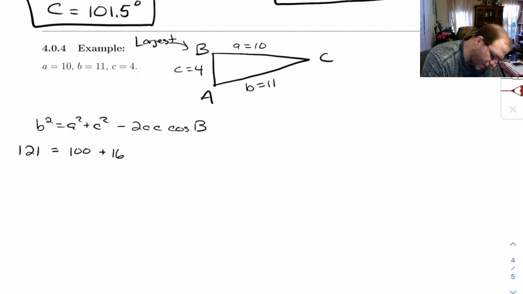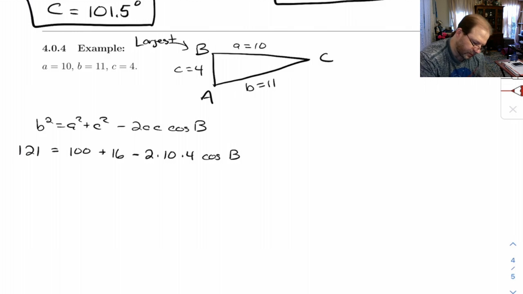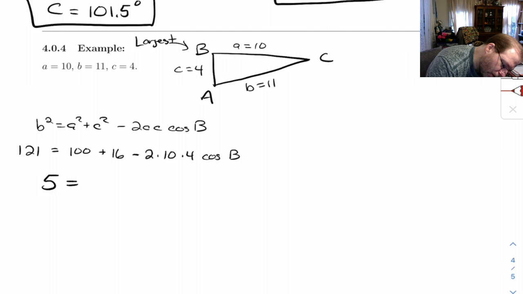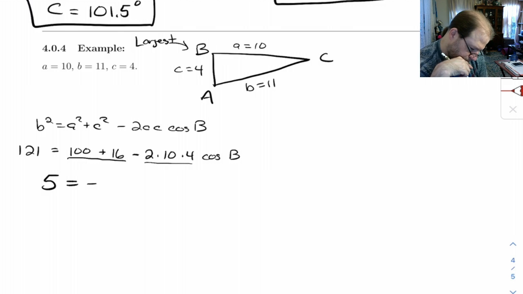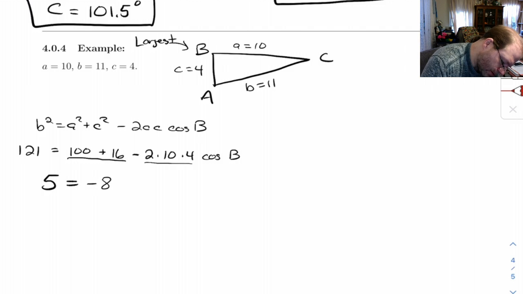So B squared is 121 minus 2 times A times C cosine B. All right, so 121 minus 116. I can do that. That's 5. That's moving these guys over. And let's see, what is this? That's a minus 80 cosine B.